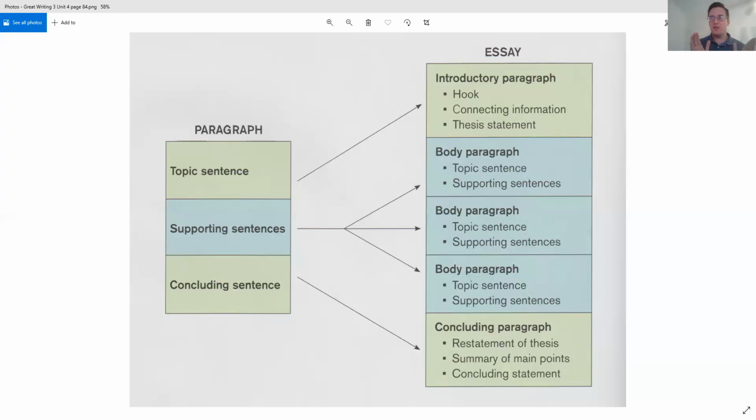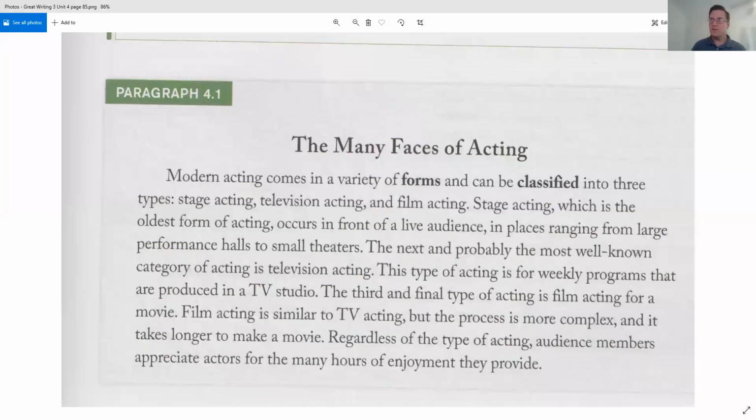So now let's look at a sample paragraph, a very simple short paragraph, and see how we can expand that paragraph into a larger, longer essay. So here's an example of an academic paragraph, very short, very simple, but the many faces of acting.